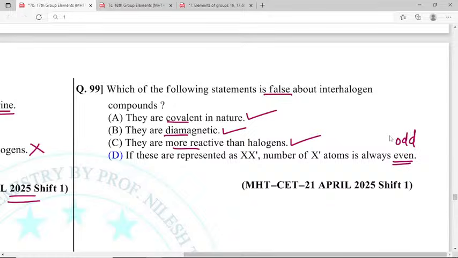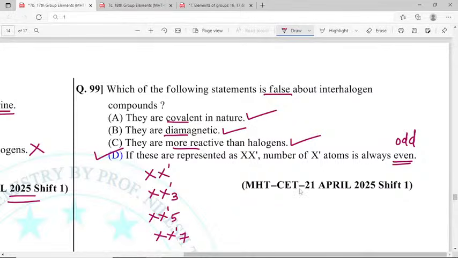XX'3, XX'5, XX'7. So it should always be an odd number, not even. So this is your answer, the false statement.